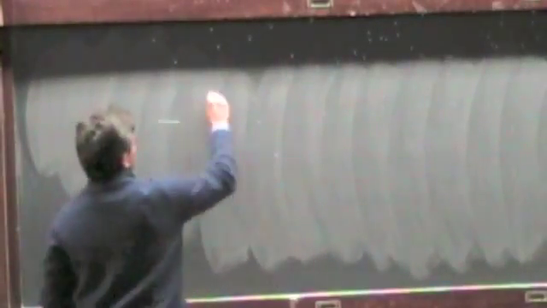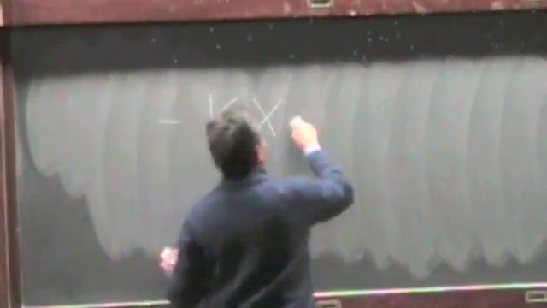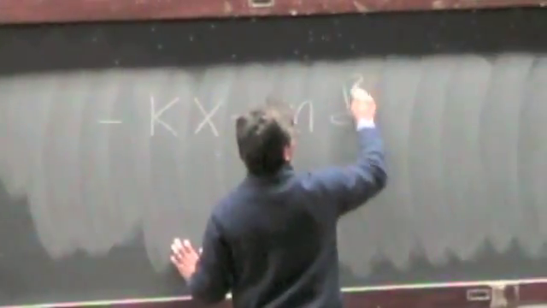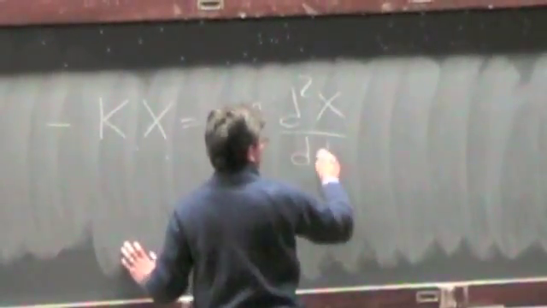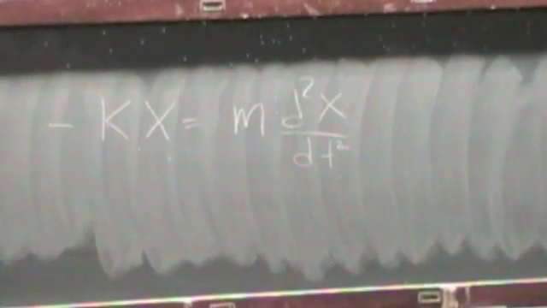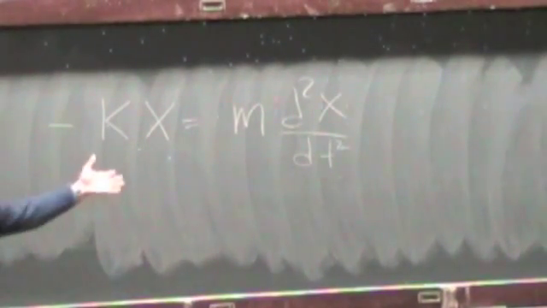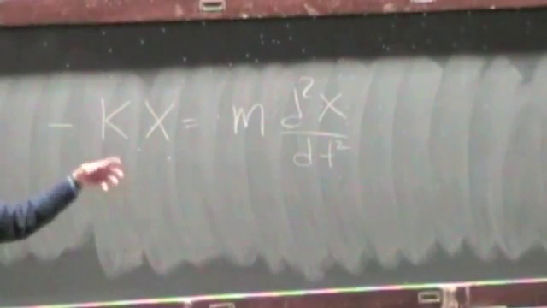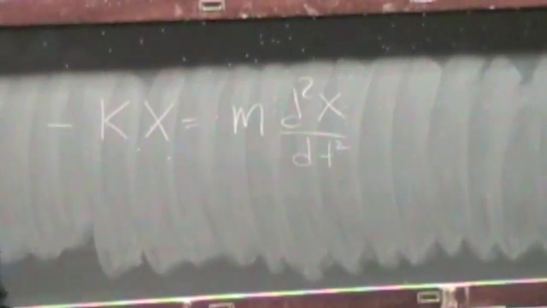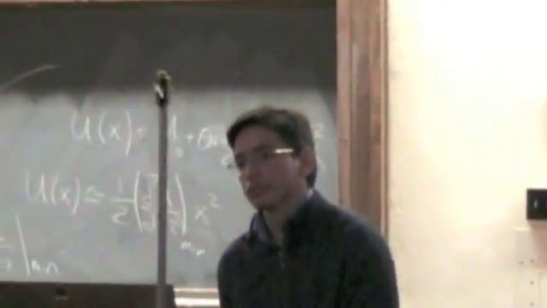So the equation that we started with this class was this. And that was the equation for a mass attached to a spring. That equation can also describe the motion of, say, a pendulum.